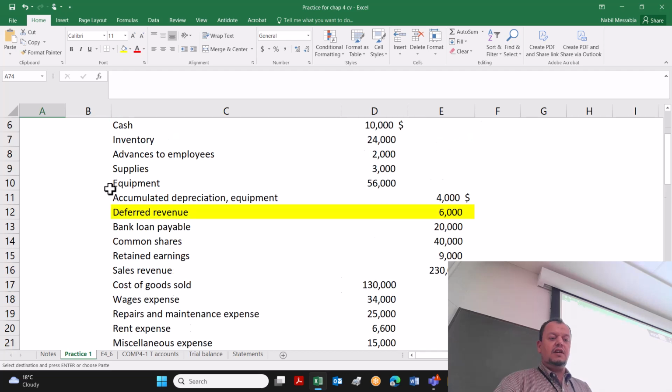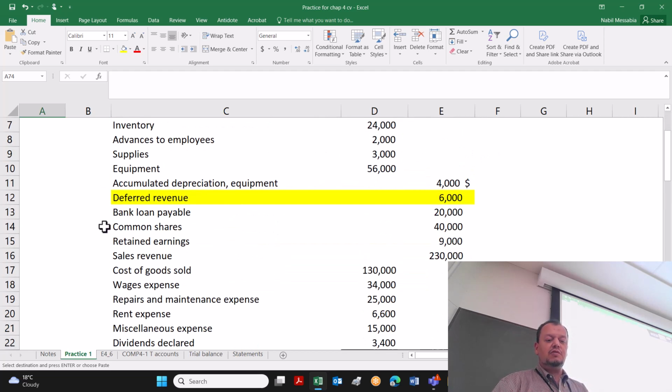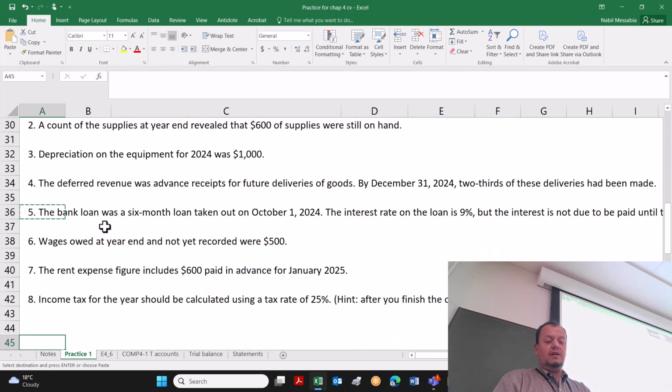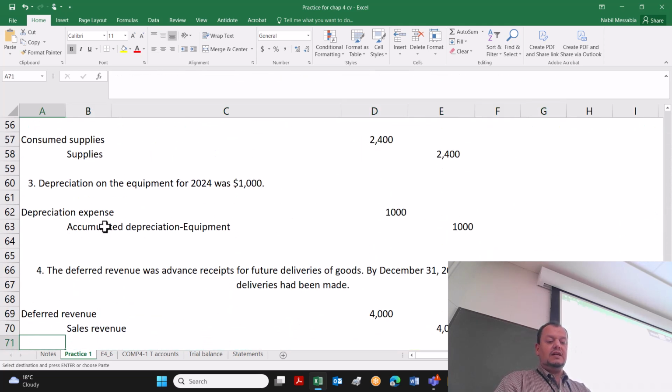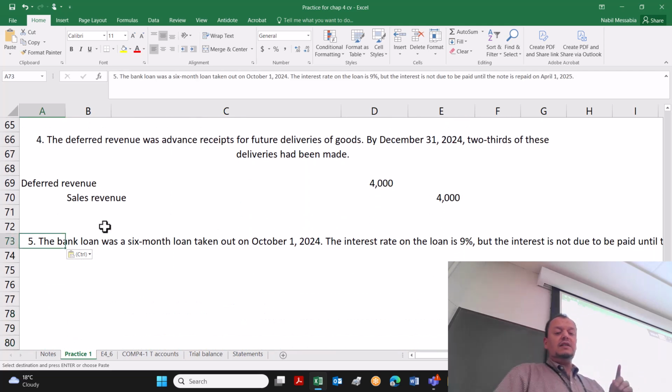Let's take a look at the trial balance. On the trial balance, the adjusted one, we see that there is a bank loan of $20,000. Payable, of course. They say the bank loan was a 6-month loan taken on October 1st, 2024.